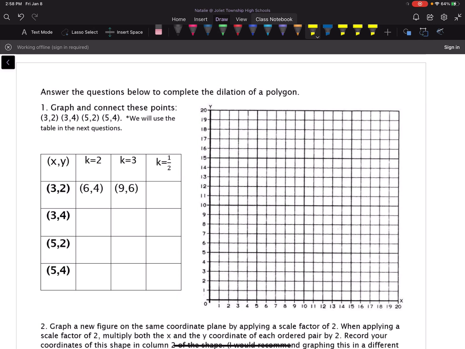On the second page of these notes, it goes through an activity looking at using different scale factors. The first thing that they ask us to do is graph and connect these points. So we are graphing our pre-image here.